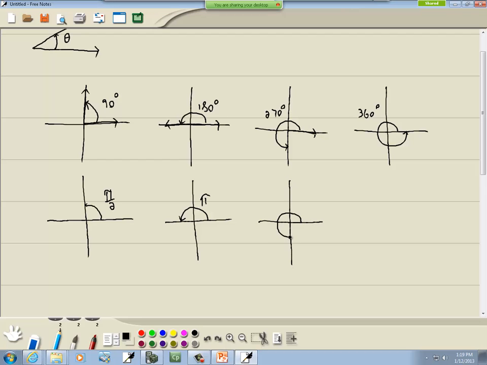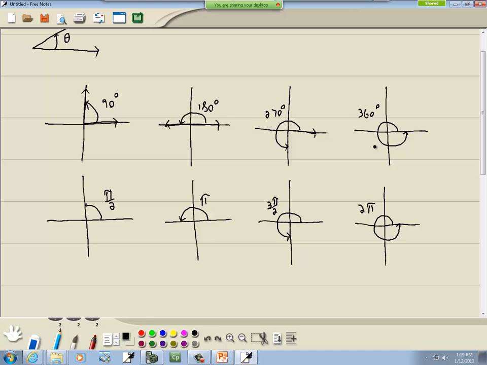If I go all the way down to here, this will be 3 pi over 2. And if I go all the way around the circle, this would be 2 pi. So 2 pi is equal to 360 degrees. It's just in radians.